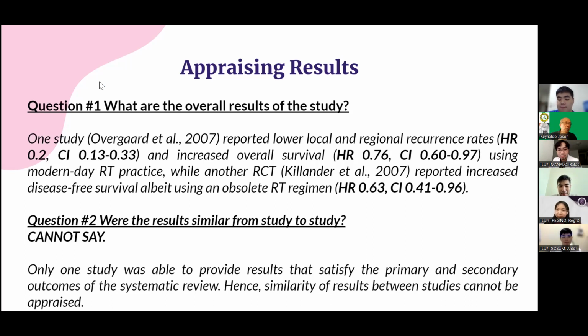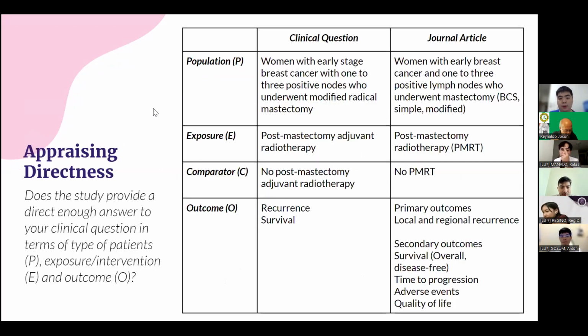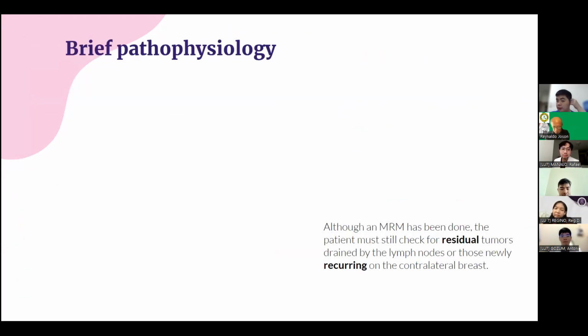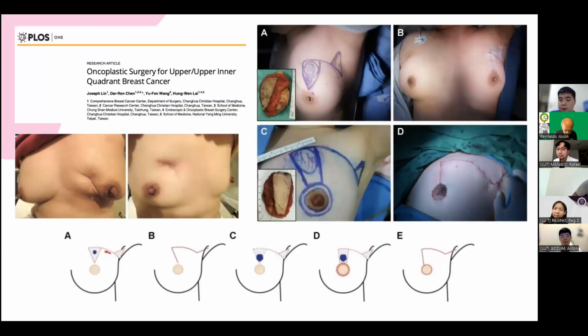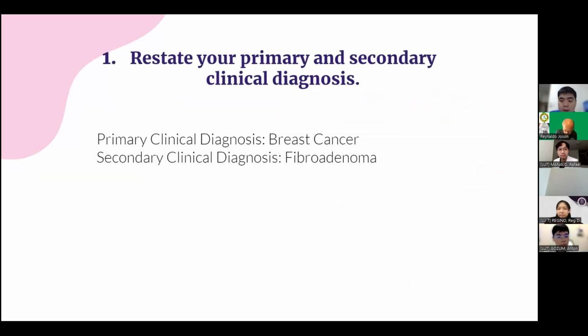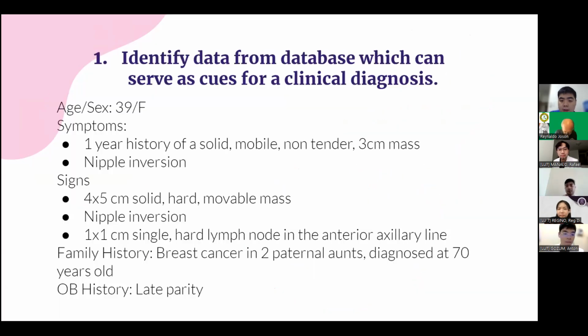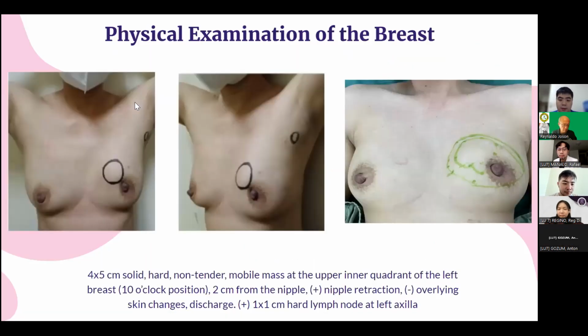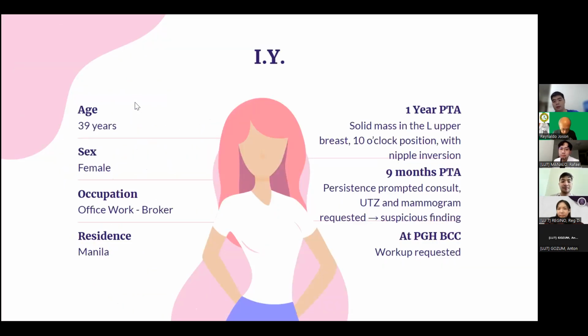Let's now go to, baka maubusan tayo ng oras dun sa paper itself, the case. So the case, let's start with the pattern recognition, the diagnosis. Sinong nag-present? So yung sa history, you mentioned 10 o'clock, na-identify na ninyo kagad yung 10 o'clock, but because you have access to the records, no?